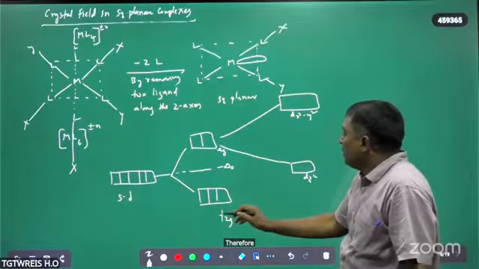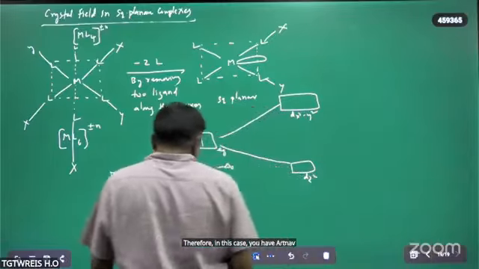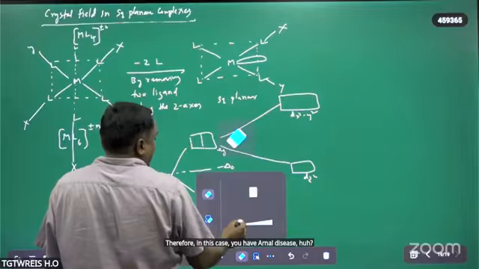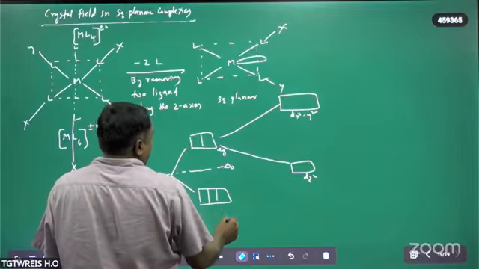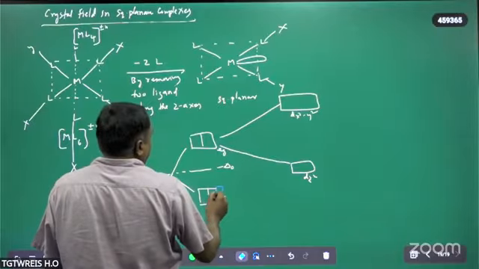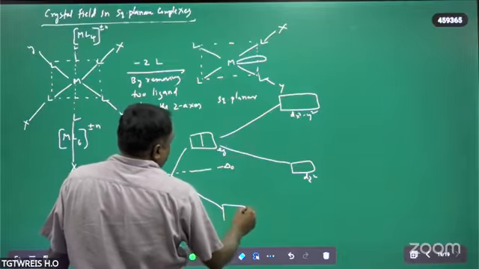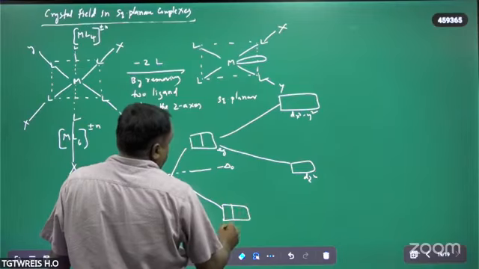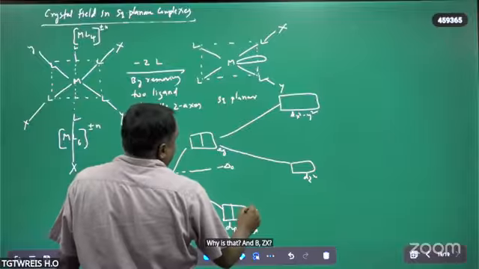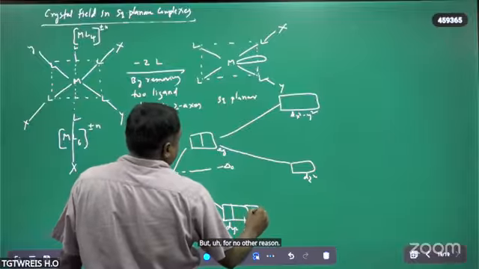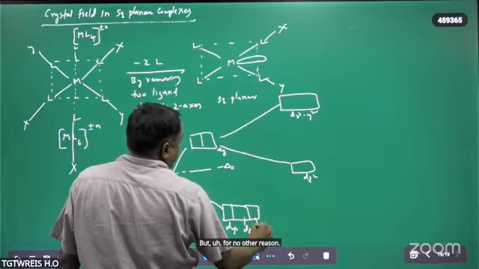Therefore, in this case we have dyz and dzx.